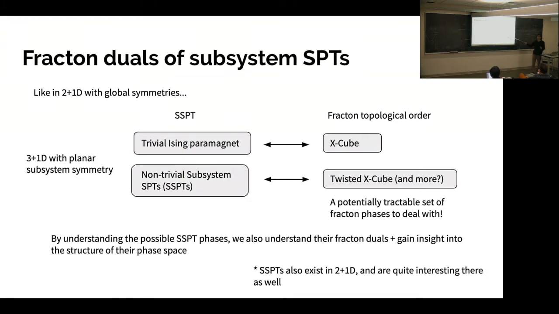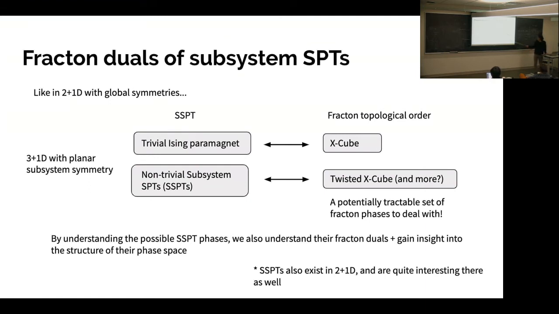It's a potentially tractable set of Fracton models to deal with. So by understanding the classification, or what types of possible subsystem SPT phases you can create on this side, we can also understand what's going on on this side, the Fracton side, and gain insight into the structure of Fracton phases.